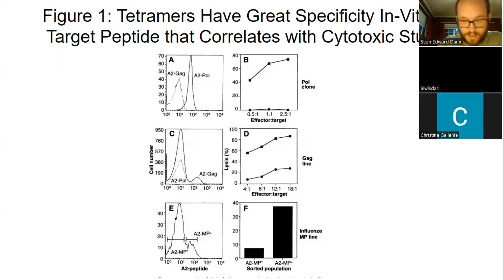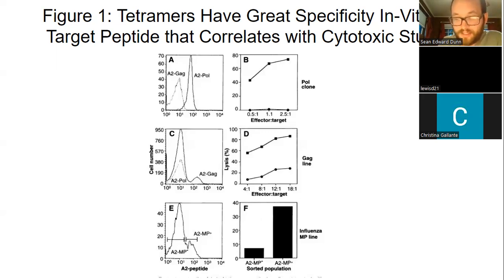Next, a non-clonal population of CD8 T cells previously stimulated by autologous B cells pulsed with the GAG peptide, which caused a clonal T cell expansion, was stained with both the GAG and POL tetramers.